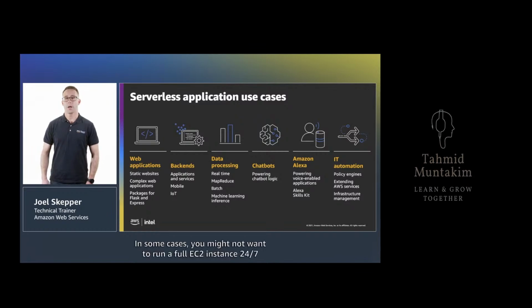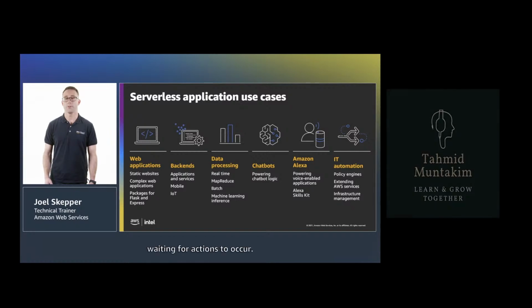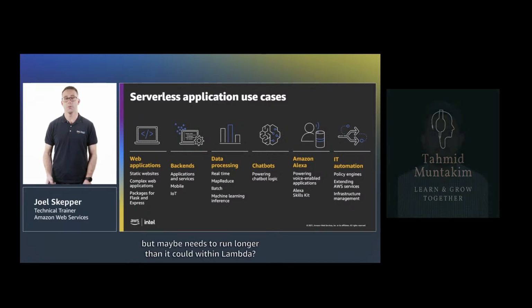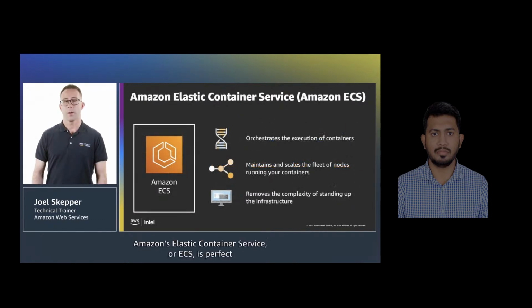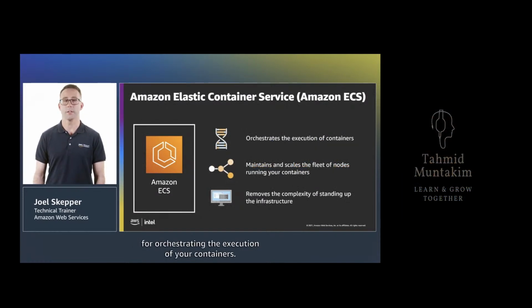In some cases, you might not want to run a full EC2 instance 24/7, waiting for actions to occur. But what if you have a job that's going to take a short period of time, but maybe needs to run longer than it could within Lambda? Containers can really help us here. Amazon's Elastic Container Service, or ECS, is perfect for orchestrating the execution of your containers.